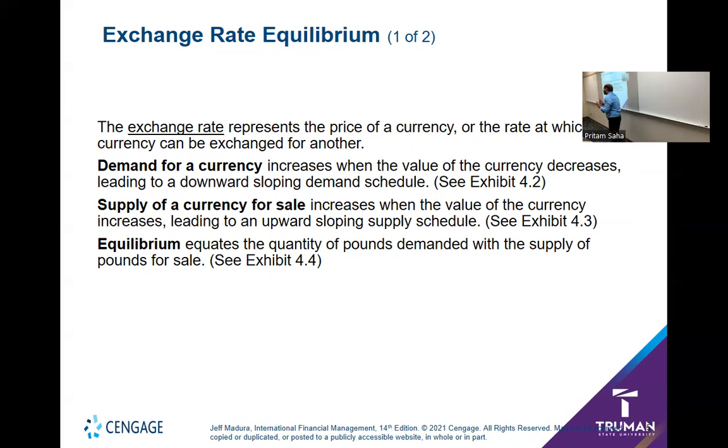So people from the US, agencies from the US, the government from the US will demand pound if they need to pay for goods and services coming from the UK or England or wherever, right? And when people from the UK or Britain will supply pound, they will supply pound and ask for dollar.